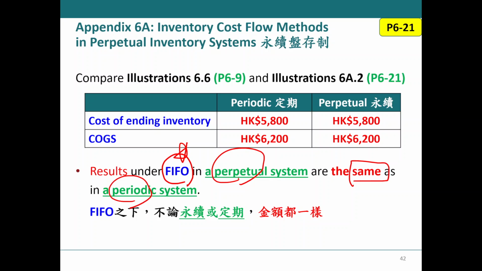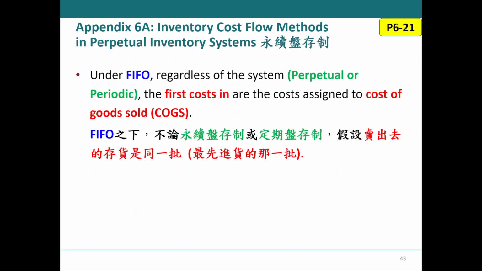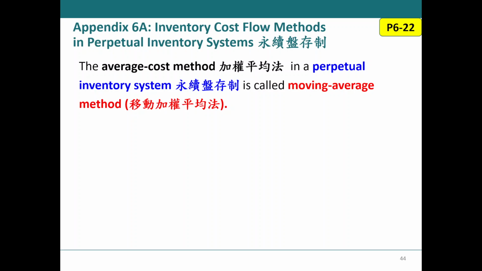No problem? Okay. So let's go to slide page 44. We are hard worker perpetual, but we use the weighted average method, second assumption.